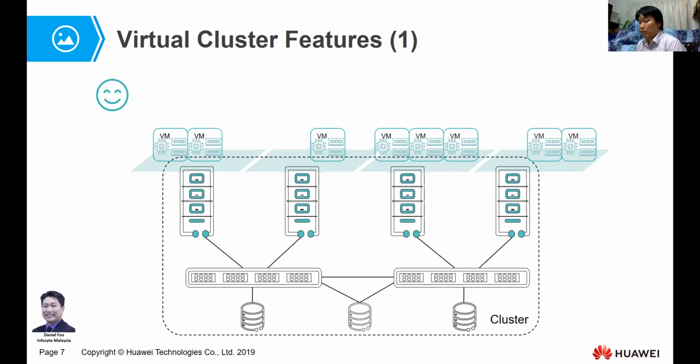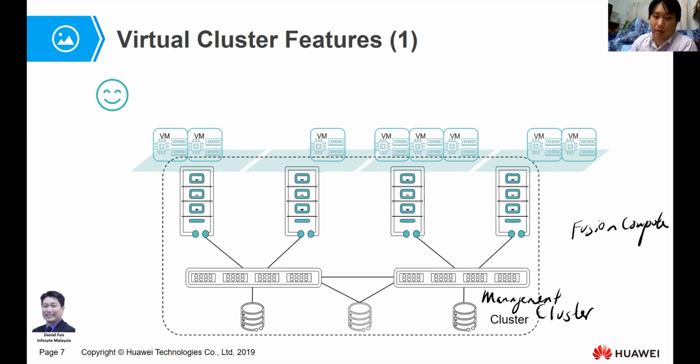Okay, so this is the virtual cluster concept. Try to relate it with a Huawei solution. Initially, this is what we can call the management cluster in your Fusion Compute solution. So this is your Fusion Compute, and all these are your CNA nodes.